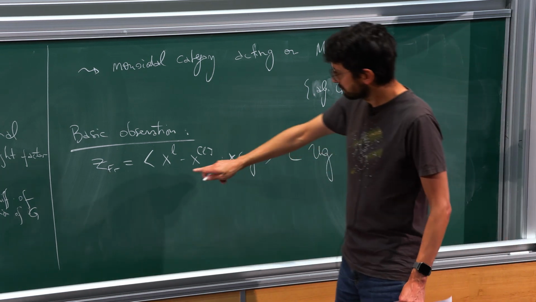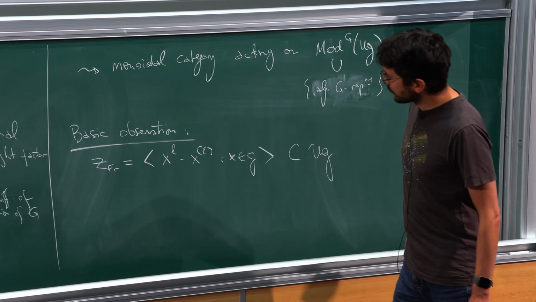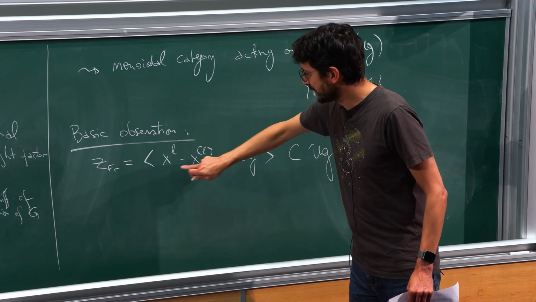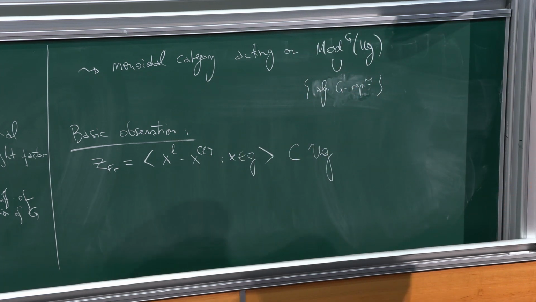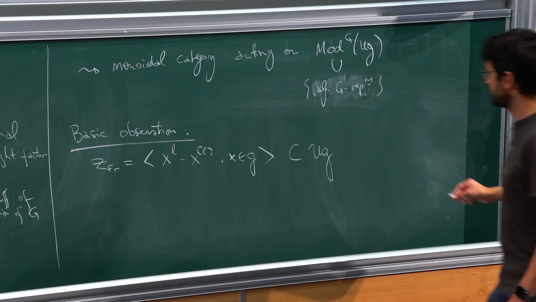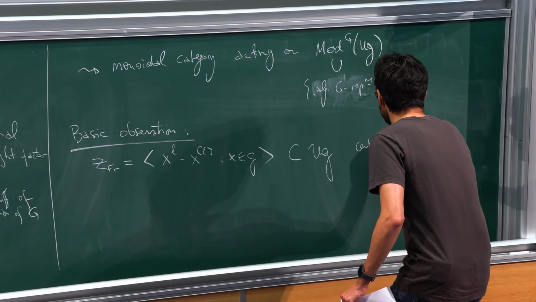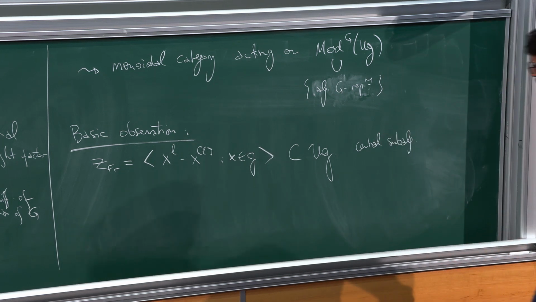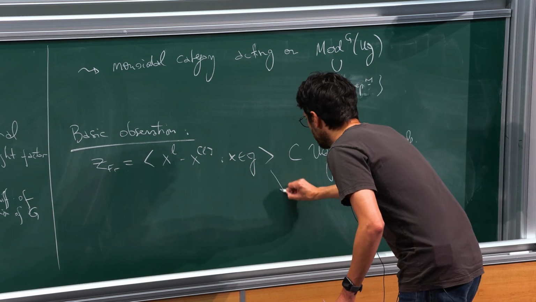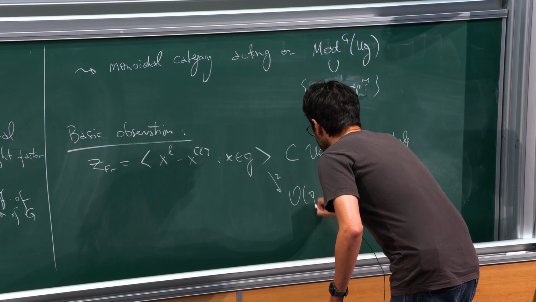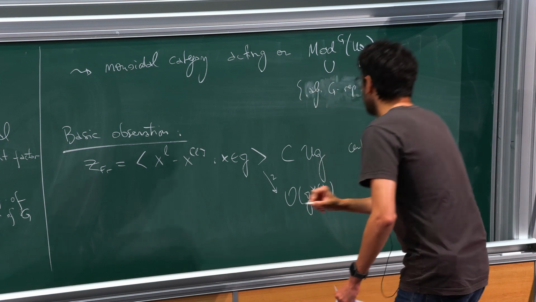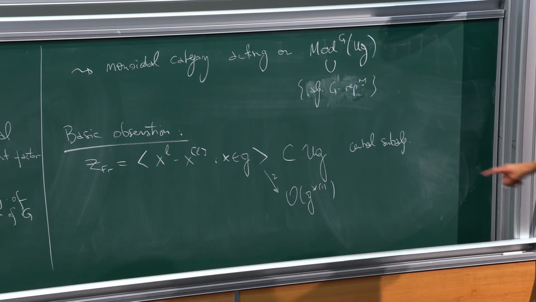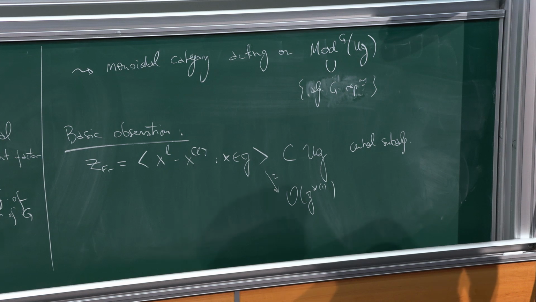It's an important but standard observation that elements of the form x to the L minus x to the bracket L are central in the enveloping algebra. And so the subalgebra generated by such elements is a central subalgebra, which identifies naturally with functions on the Frobenius twist of the dual of the Lie algebra of G.